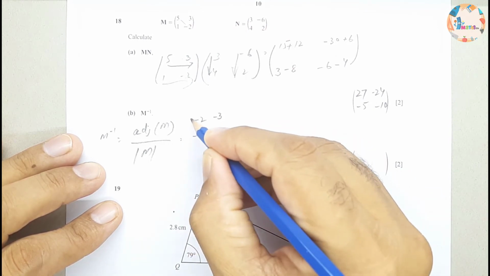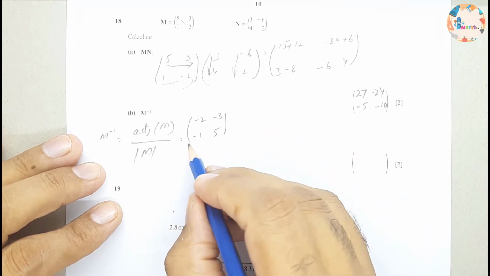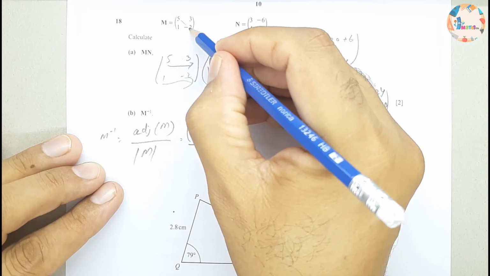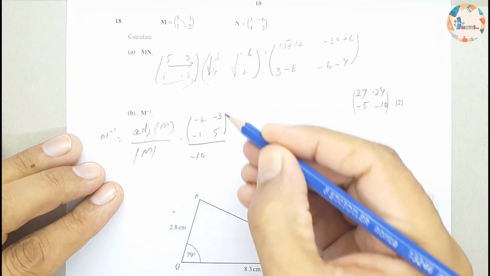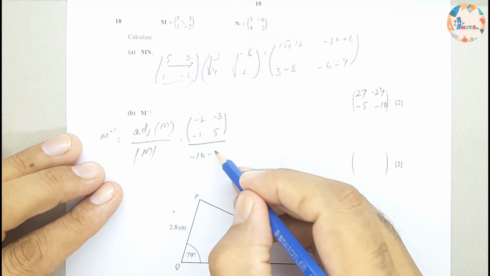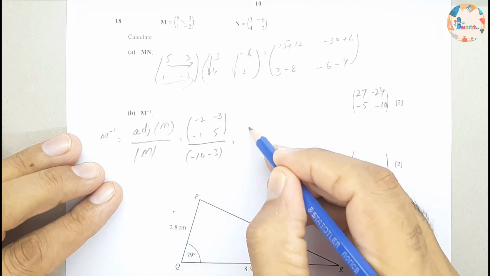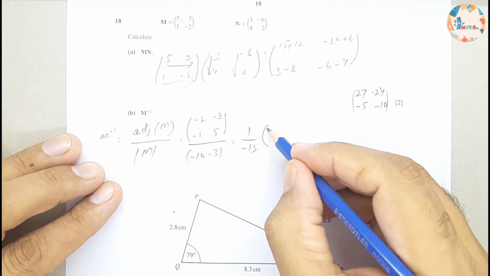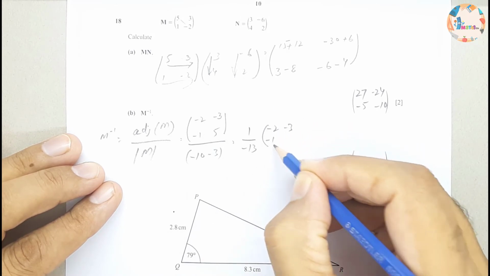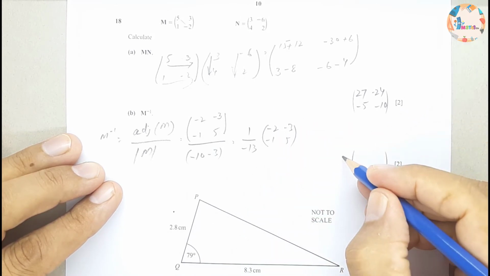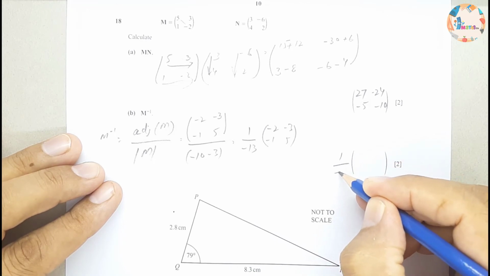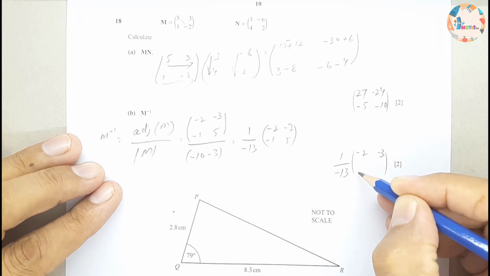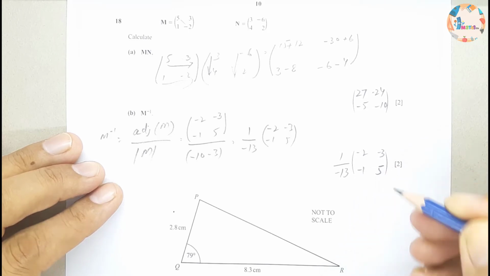This will be our adjoint of M over mod M. Mod M will be 5 into minus 2, which is minus 10, minus 1 into 3, which is minus 3, so minus 13. So this will be 1 over minus 13 into minus 2, minus 3, minus 1 and 5. This will be our answer, and this is done.